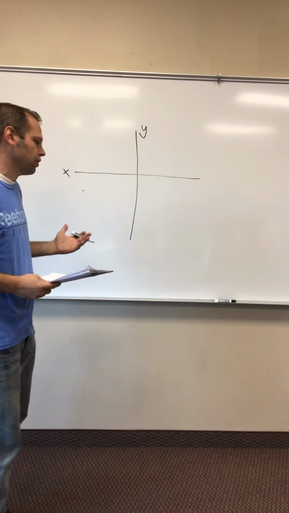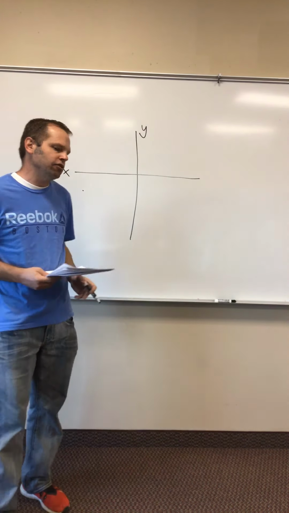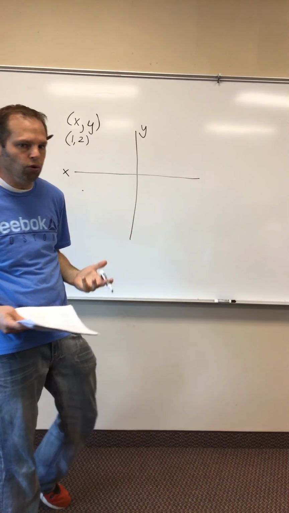We're going to learn how to graph our x and our y's. When we graph, x is always listed first, y is always listed second. That's one of those math rules, that's just how it works. So if I have the ordered pair, this is called an ordered pair, of 1, 2.